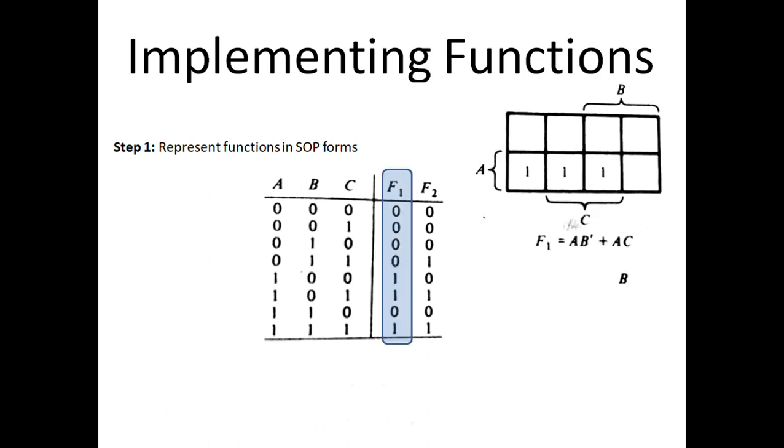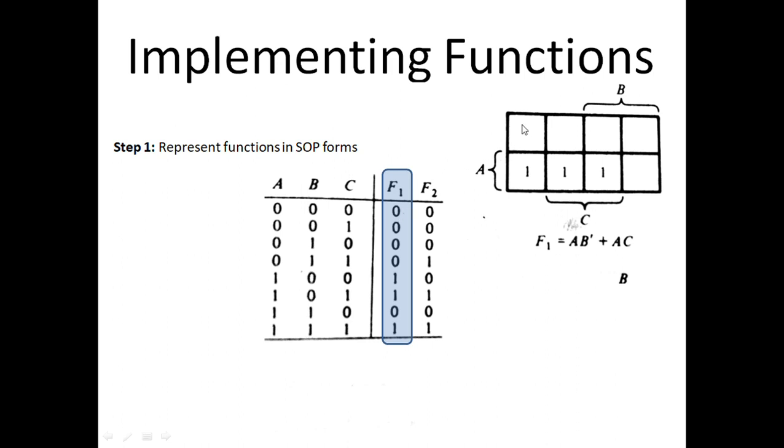To begin with, let's start simplification of the Boolean function f1. This is a three variable Boolean function, so we can use a three variable K-map to simplify it. We have the values for f1 here, so we can just map these values over to the K-map.